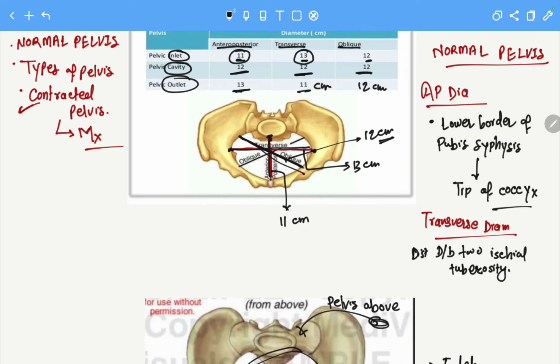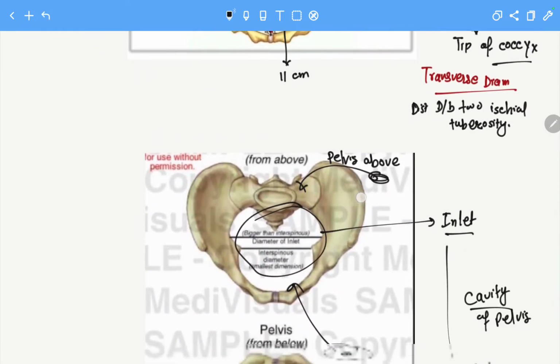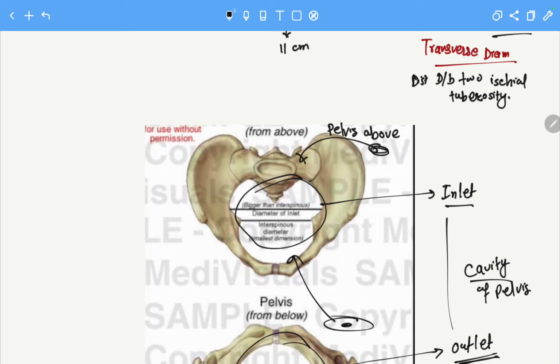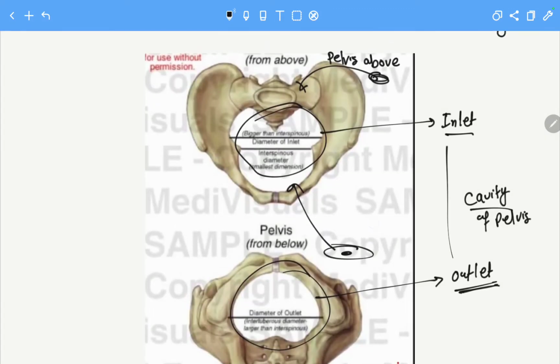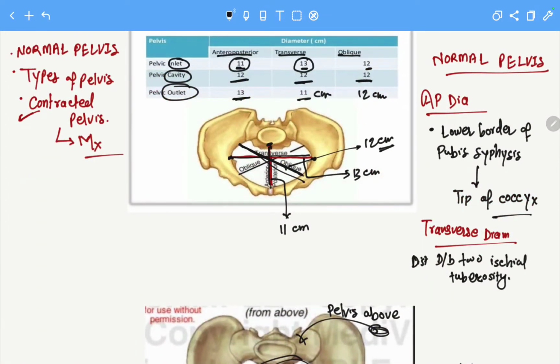So I have mentioned all the diameters for inlet, cavity and outlet. What is inlet? We look at the pelvis from above, this one would be the inlet, and if we look from below, that would be the outlet, and in between we have the cavity, right? So remember all the diameters here.